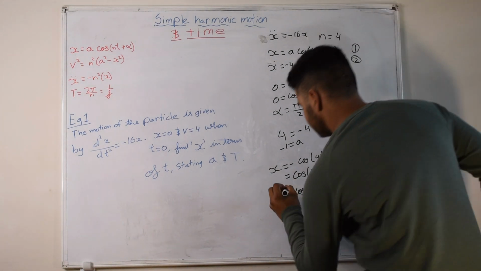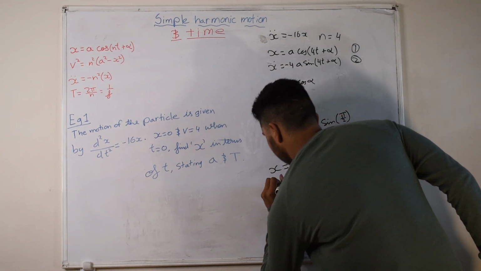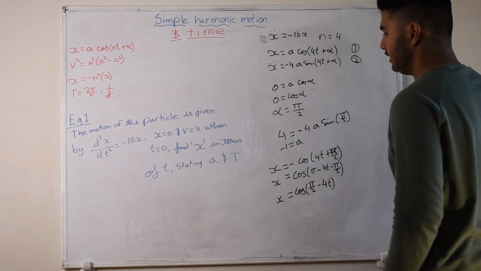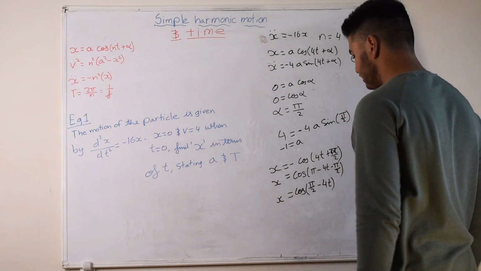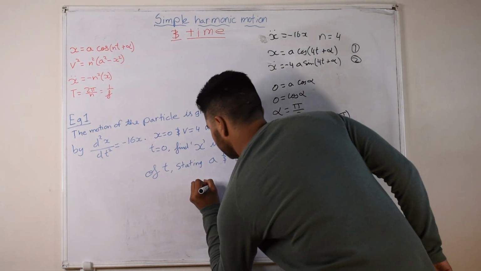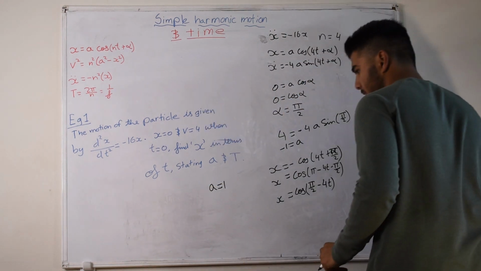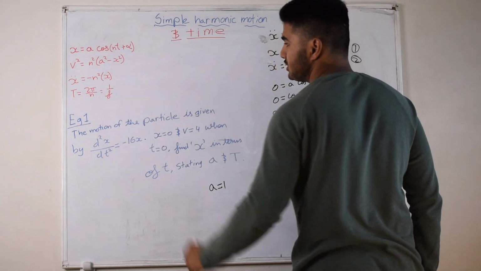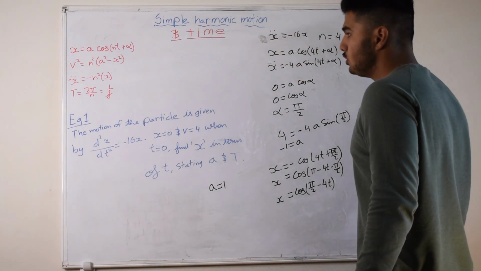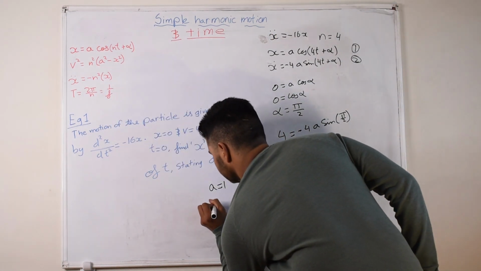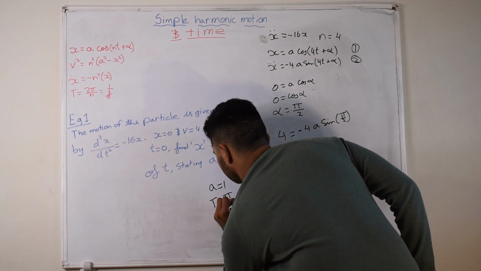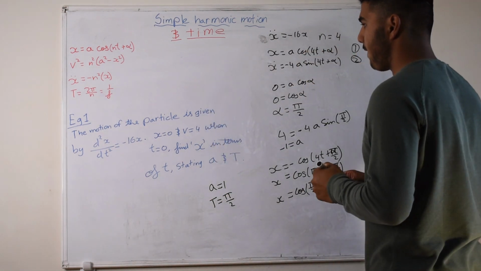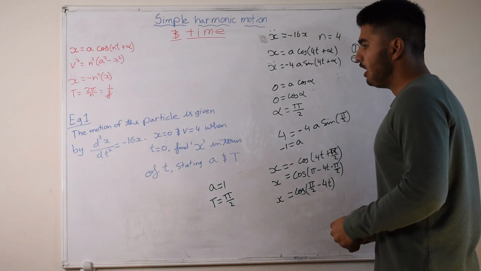So that is x in terms of t in this case. Amplitude in this case would be 1, so a equals 1, and T, coming back to this equation over here, 2 pi upon n, 2 pi upon 4, T equals pi upon 2. So that is how you do this first example.